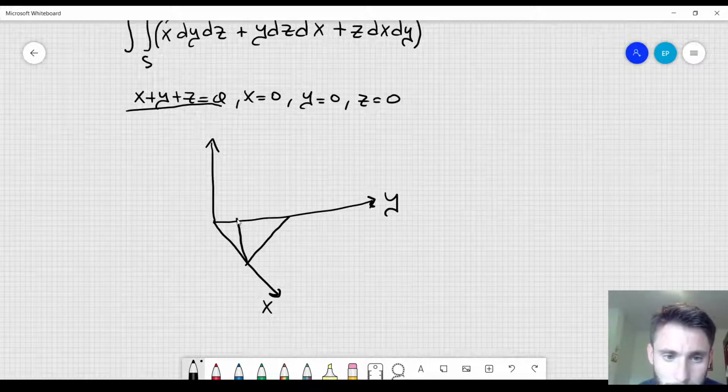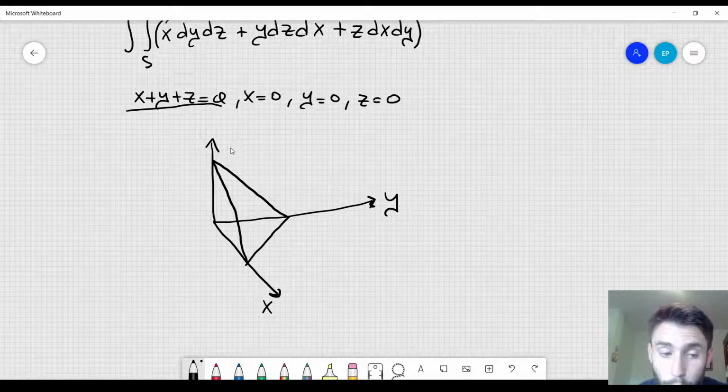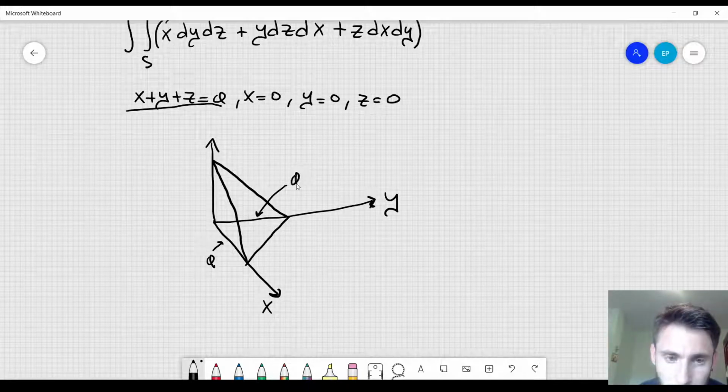It's a pyramid. It is something like this, where this portion of the surface here is the one that's given by that plane. It's a portion of that plane, and then this length here is equal to a, then this length here is equal to a, and this height of the pyramid is equal to a.